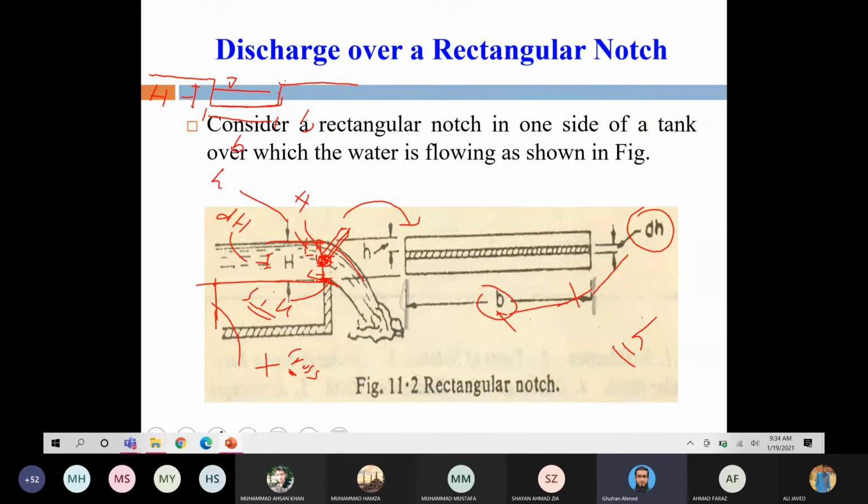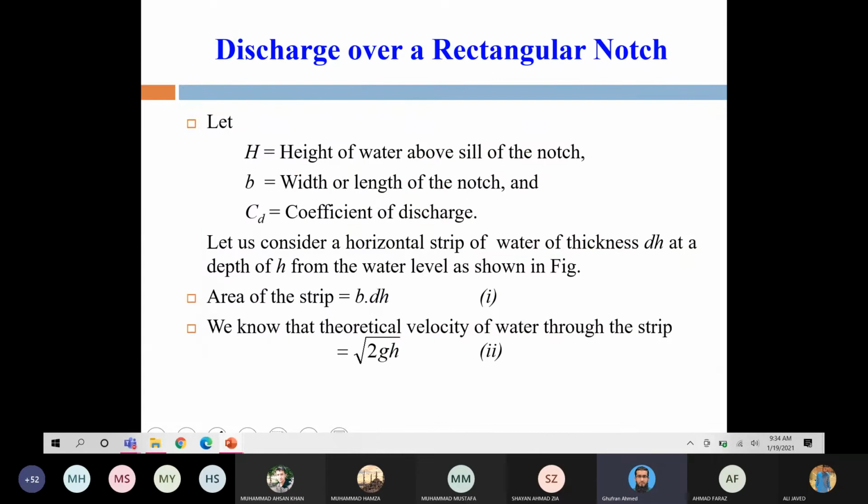And theoretical velocity, we know that just like in a pitot tube, we measure that the velocity is, if this is h, which is the height of water above the measuring point। So theoretical velocity हमने last time देखी थी, root of 2gh। And what is h here?